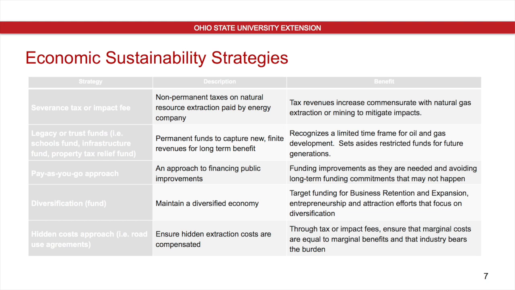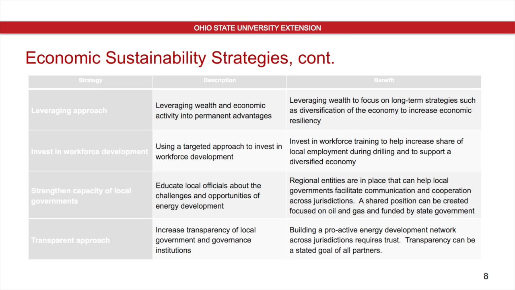The fifth strategy listed here ensures that industry bears the burden of hidden costs through road agreements or other such arrangements in order to compensate for extraction costs so that that burden does not have to be borne by the community or the taxpayers. Additional strategies that could be considered include leveraging wealth and economic activity into permanent advantages.